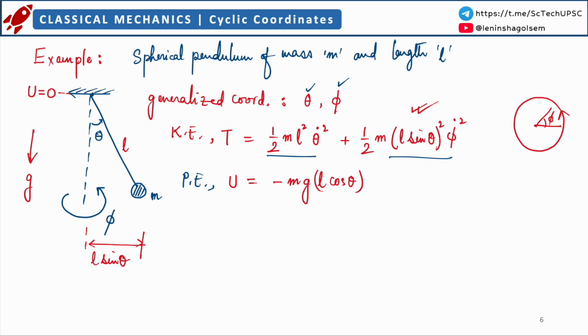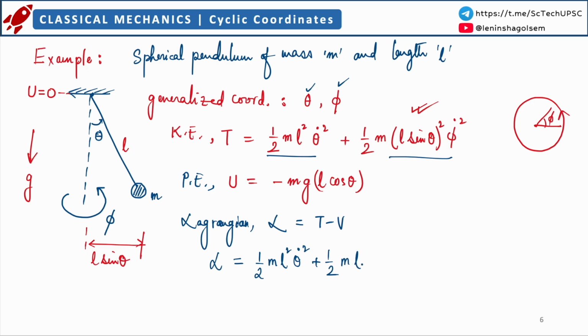Now our Lagrangian L is T minus V. So the Lagrangian looks like L equal to half ml square theta dot square plus half ml square sine square theta phi dot square plus mgl cos theta.